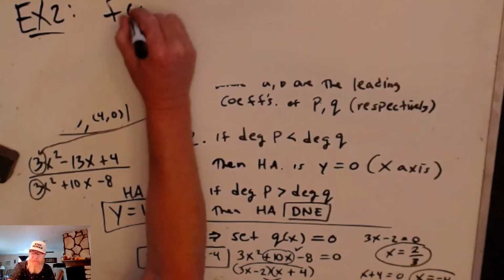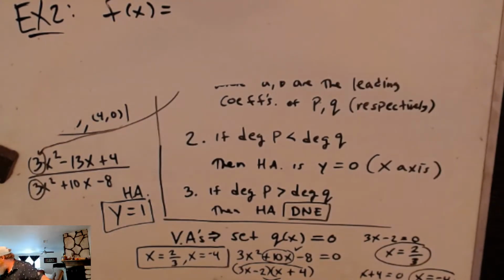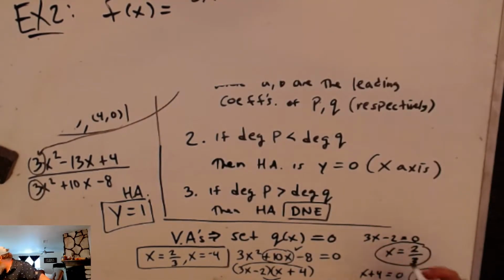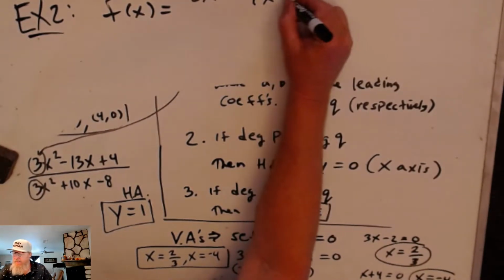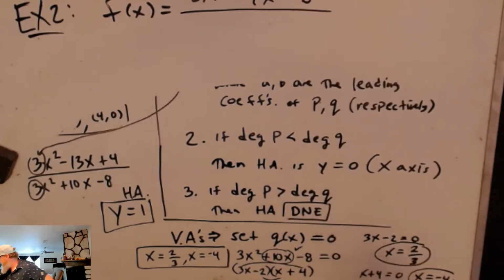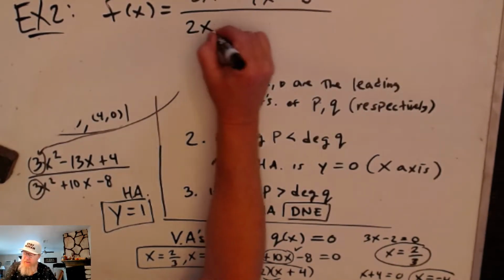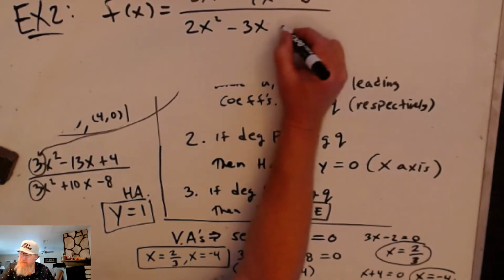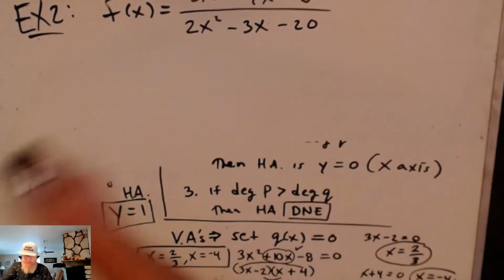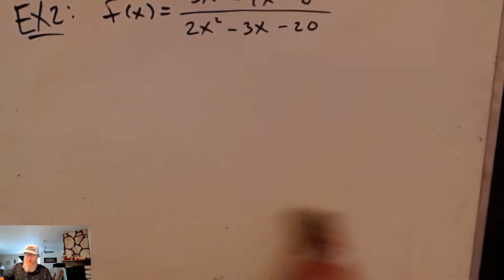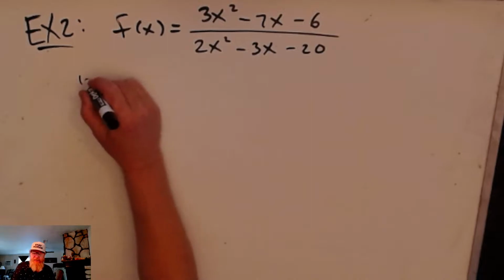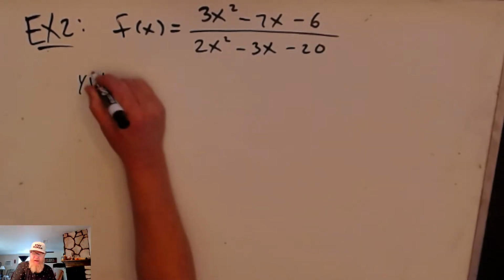Example 2, same type of question. So we got 3x squared minus 7x minus 6 over 2x squared minus 3x minus 20. All right, same concept. Find the intercepts. So let's do the y-intercept first.